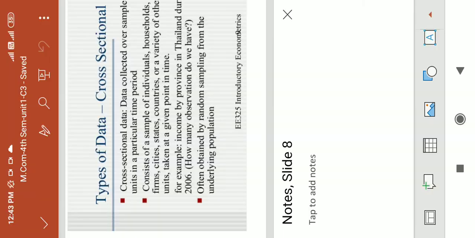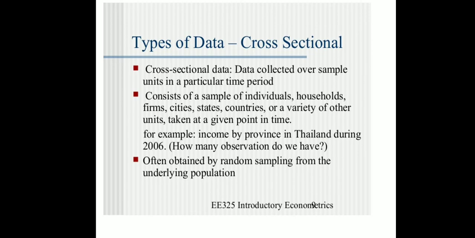So cross sectional data is like this. Cross sectional data is the data collected over the sample units in a particular time period. It consists of a sample of individuals, households.